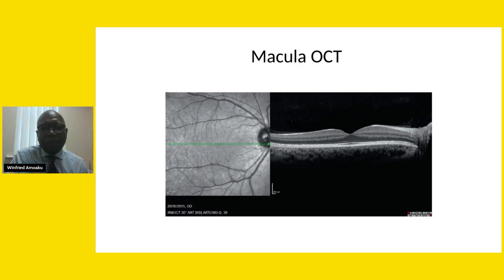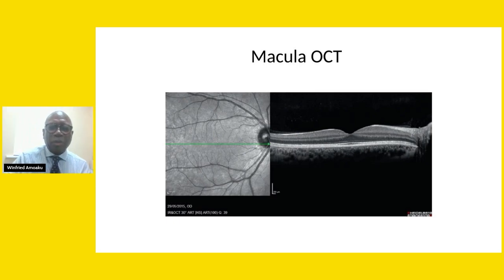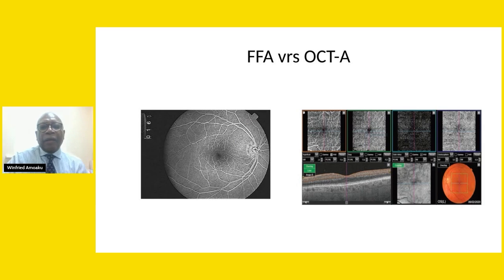So you can see the different layers in the image, and you will be able to analyze those. You will notice there's a little dip in the center of that image on the right-hand side, and that is the fovea, the area responsible for the fine detail vision, as I referred to earlier.